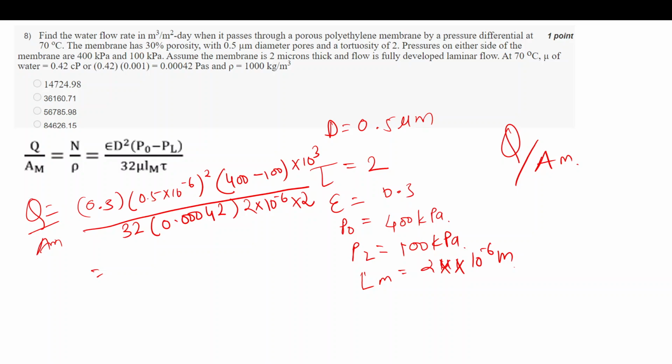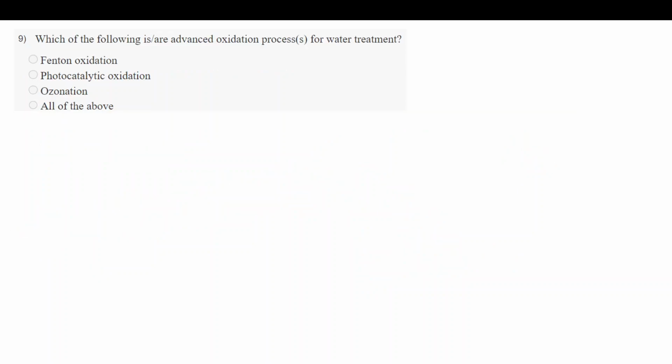So this is the way you will solve it, and the correct answer to this question is option B. Please solve it and let me know when you are done. We will move to the next question.